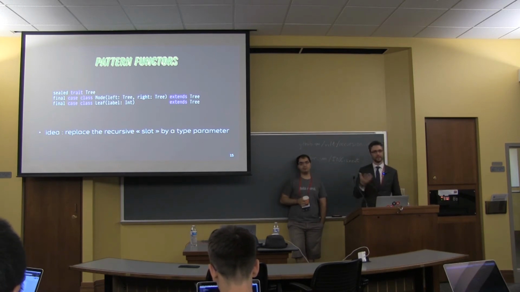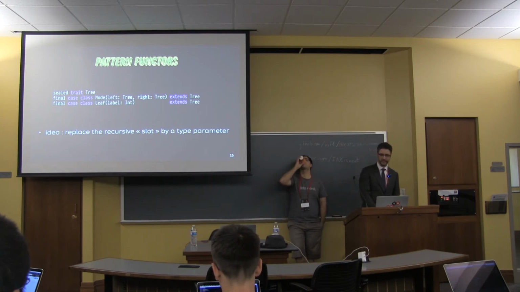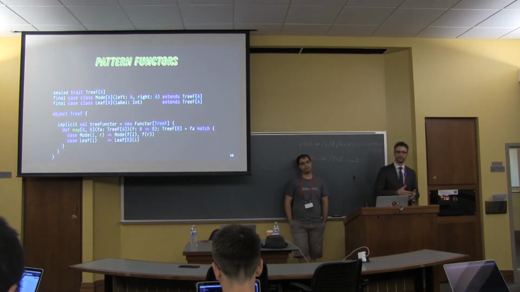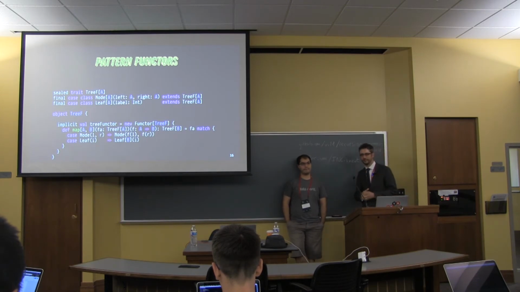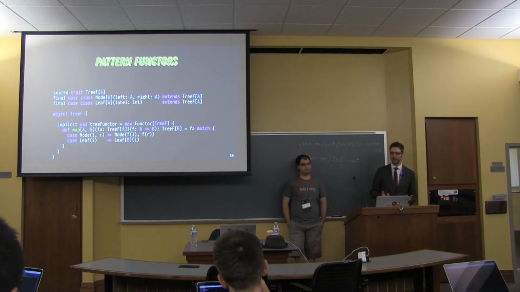And to make a pattern functor for that structure, the idea is just to replace the references to the tree type by a type parameter, right? So now our TreeF type has one type parameter, A, and the Node class does not contain two trees, it contains two A's, right?